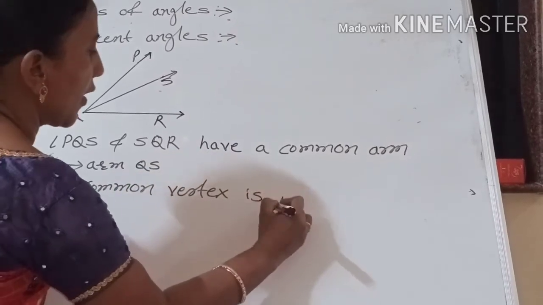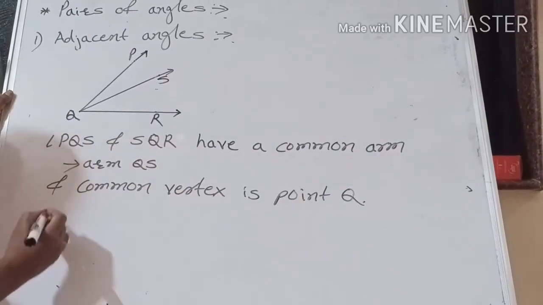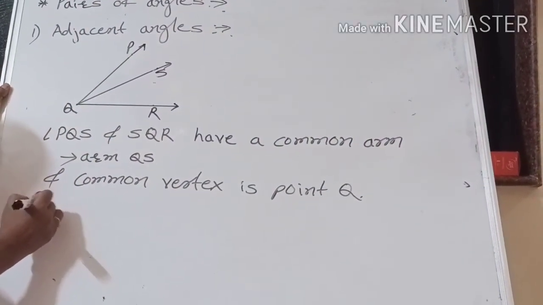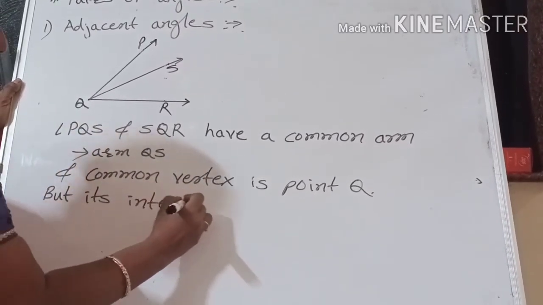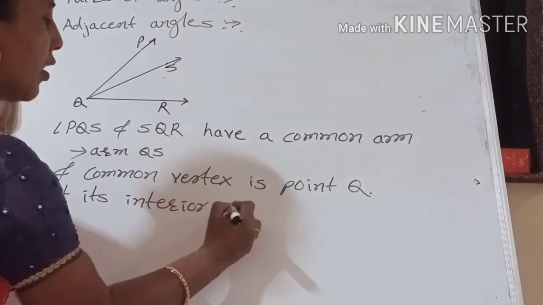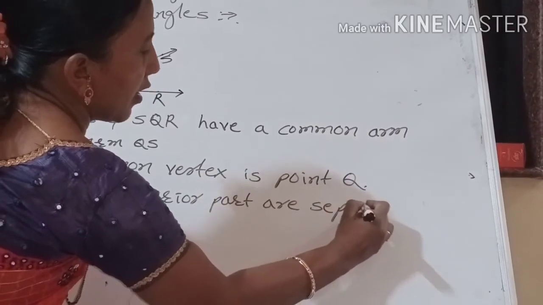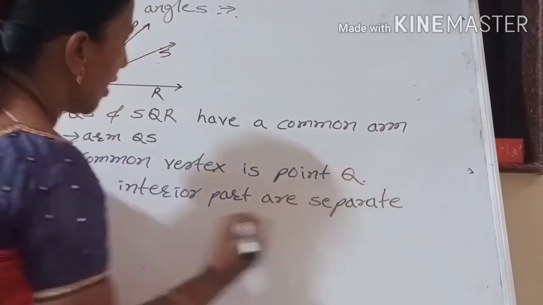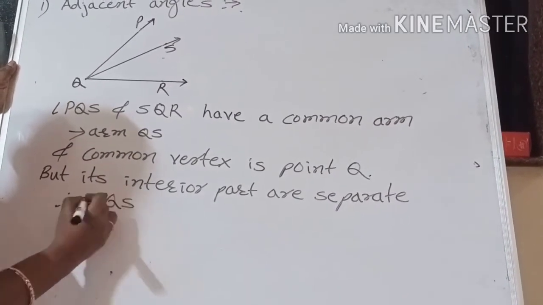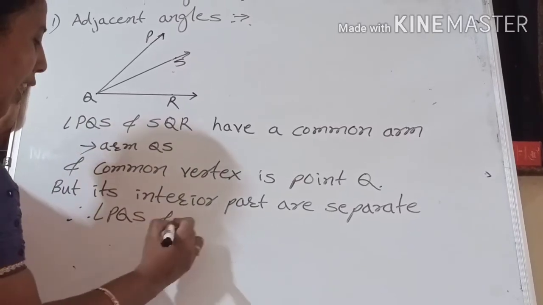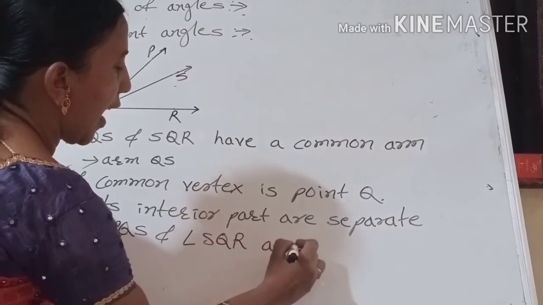Common vertex is point Q, but their interior parts are separate. Therefore, angle PQS and angle SQR are adjacent angles.